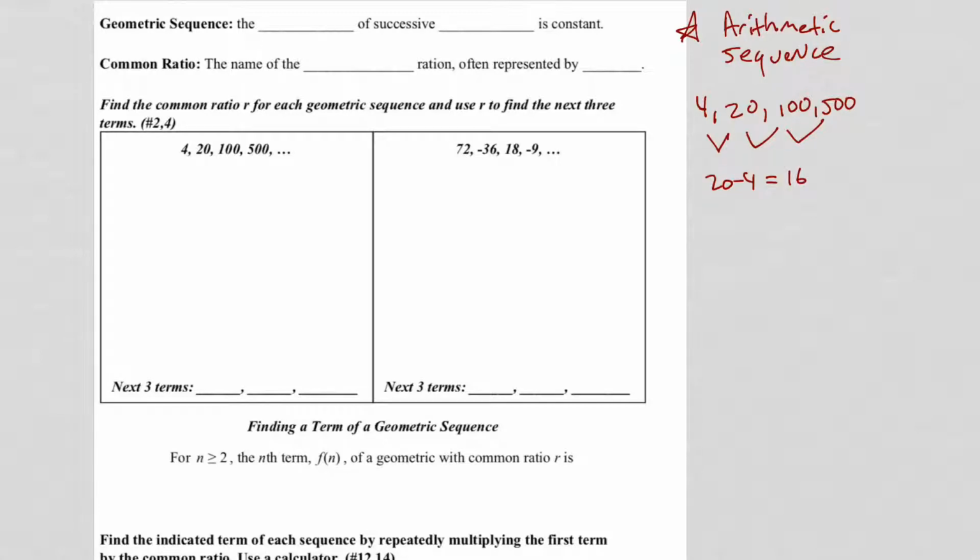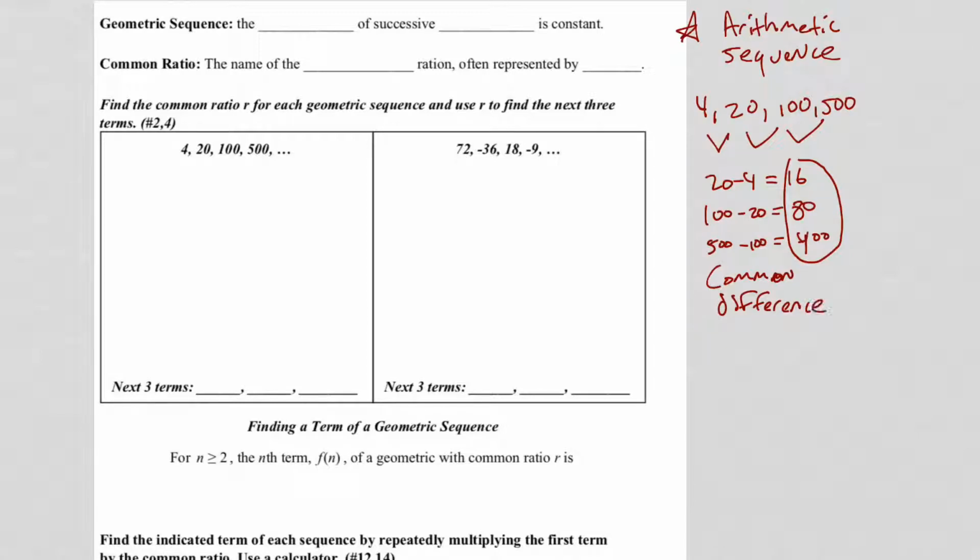That's 16. And what's 100 minus 20? That's 80. And what's 500 minus 100? That's 400. And when you were working on arithmetic sequences, this number wound up being the same, right? A common difference. That's what you were looking for in arithmetic sequences, a common difference.